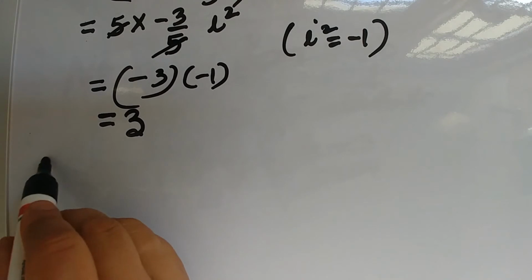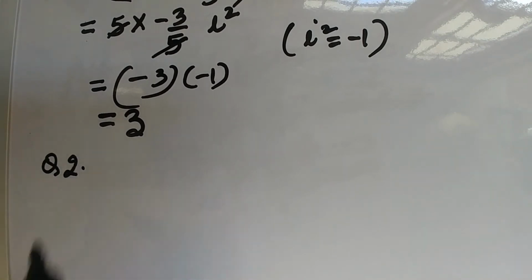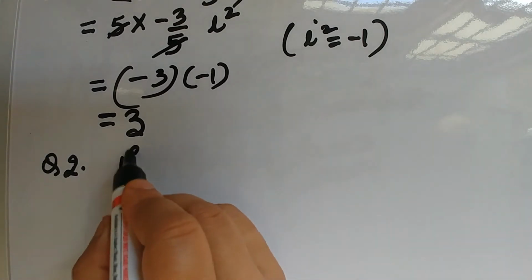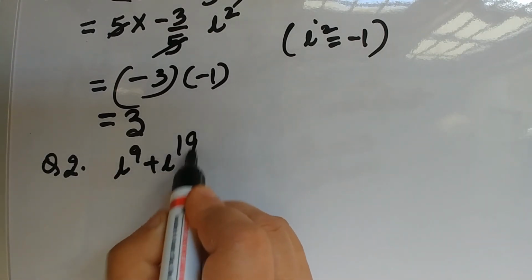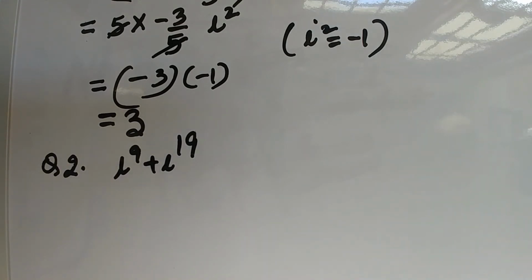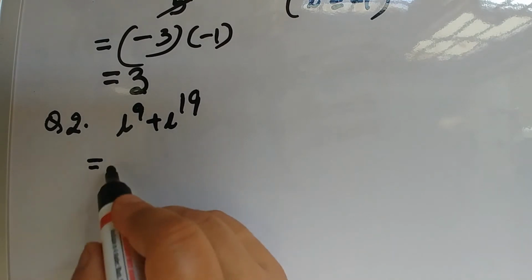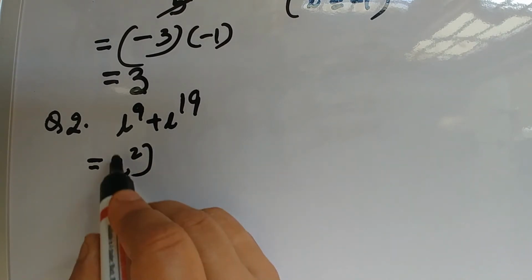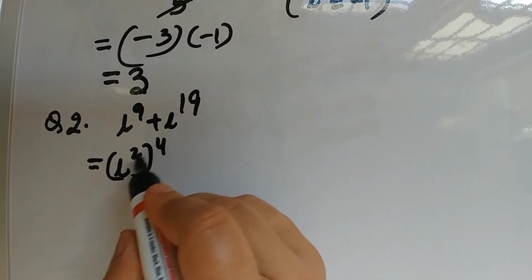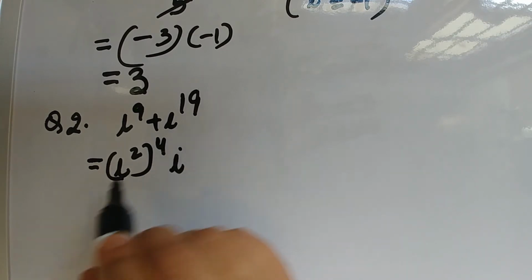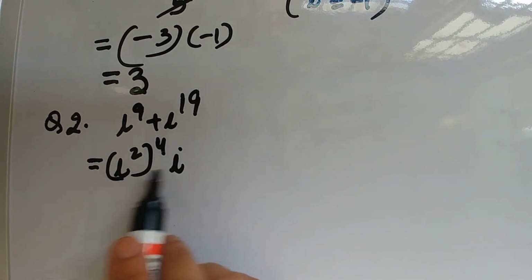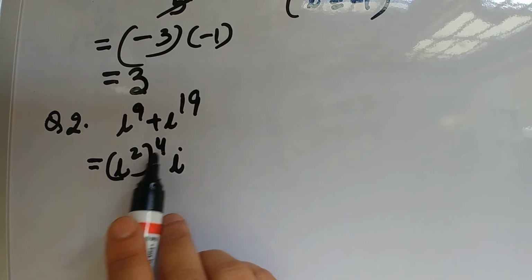Let us take question number 2. You have to express iota raised to power 9 plus iota raised to power 19 in a plus iota b form. So again, it can be expressed as iota square raised to power 4, that will give me iota 8, into iota. Okay, so bases are same, powers will be added: 8 plus 1.